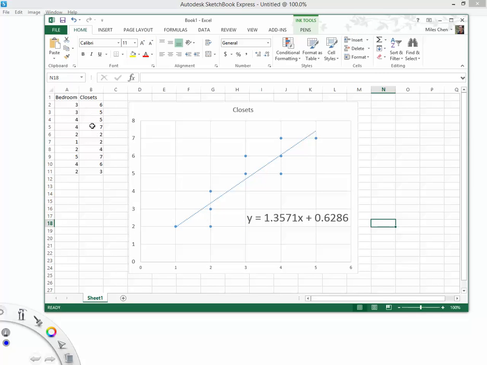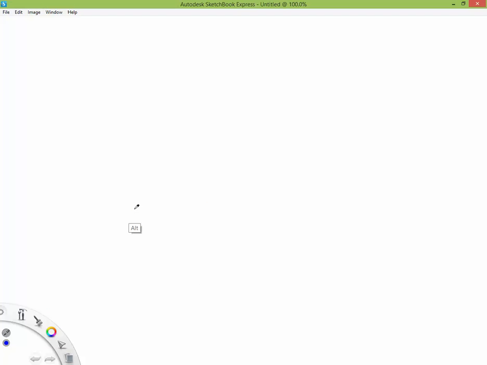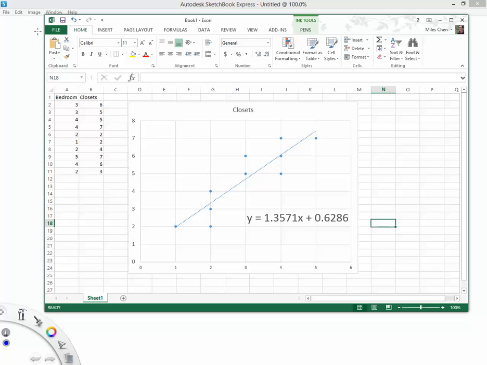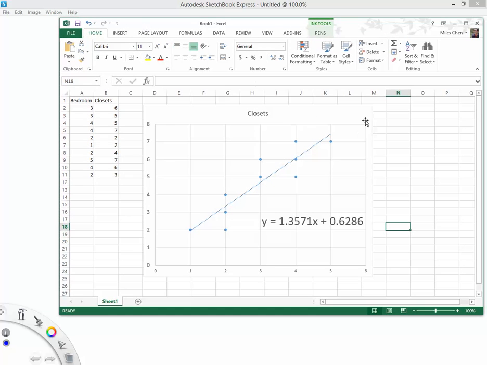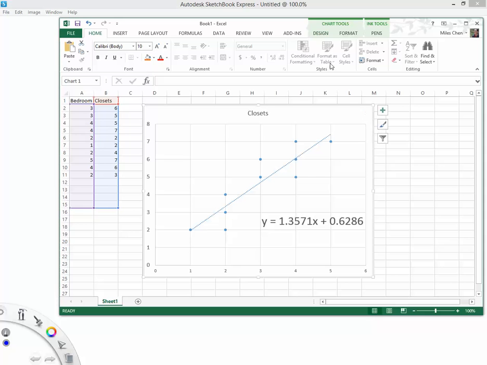In this equation, we are predicting the number of closets based on the number of bedrooms. And our line of fit, according to Excel, is 1.3571x plus 0.6286. You can look at the data itself.